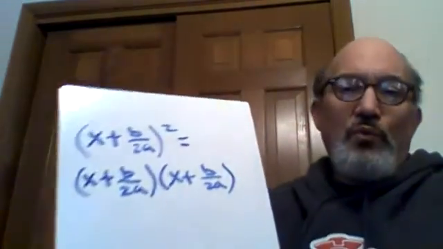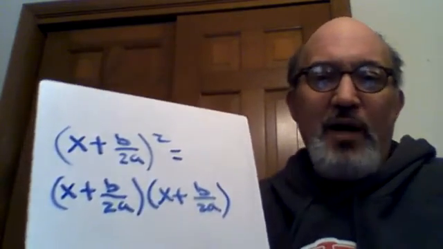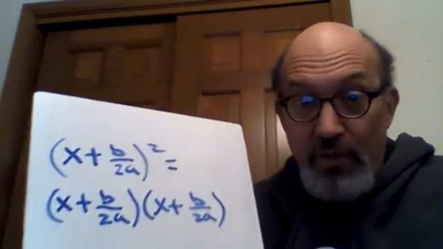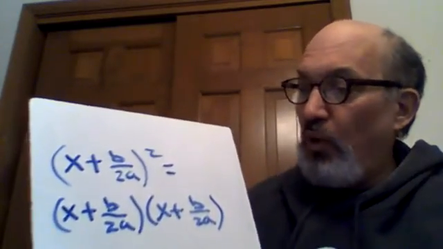x plus b over 2a, when you square that, of course it's x plus b over 2a times x plus b over 2a. And you recall weeks ago in a previous chapter, we learned how to multiply two binomials, the so-called FOIL method. That should be easy and automatic at this point. We're going to do x times x to get x squared.